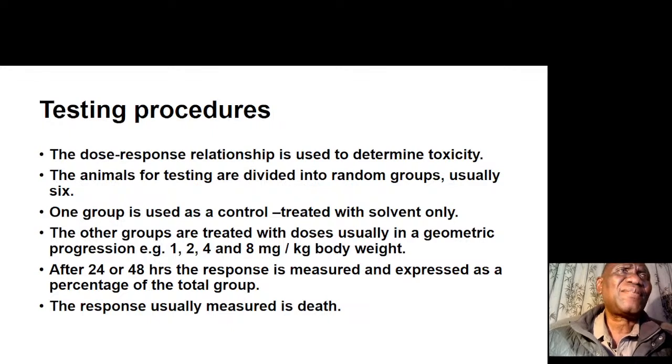So the animals for testing are divided into random groups, usually 6. One group is used as a control. This could be treated with a solvent only or a blank. The other groups are treated with doses, usually in a geometric progression. These are the treatments, for example, 1, 2, 4, and 8 milligram per kg body weight.